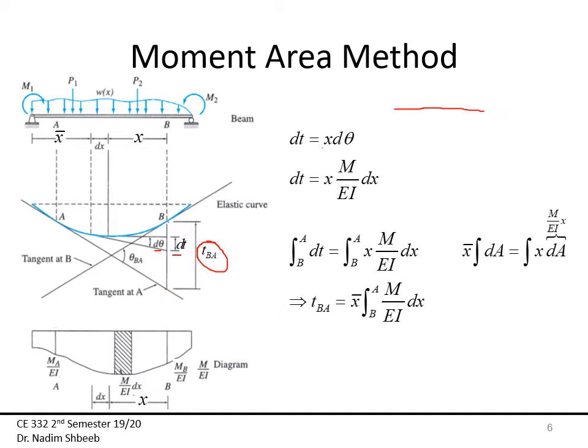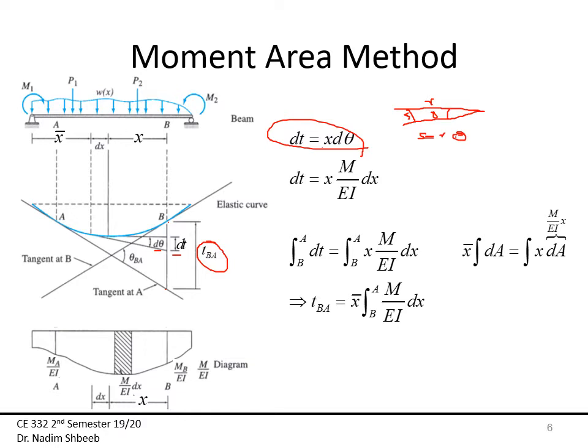Think of it like this: if I have an arc, and this is theta, this is r, and this is s, then s equals r theta. This is the same principle I'm using over here.